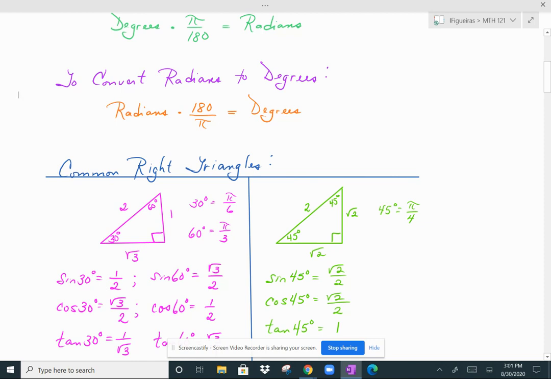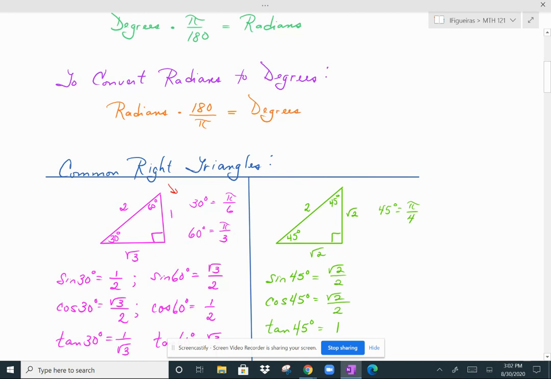You should also know a couple of common triangles. And those triangles are your 30, 60, 90 triangle, as well as your 45, 45, 90 degree triangle, and the relationship between the sides. Just again, to remind you, you can rewrite 30 degrees in terms of radians. 30 degrees is the same as pi over 6, and 60 degrees is the same as pi over 3.